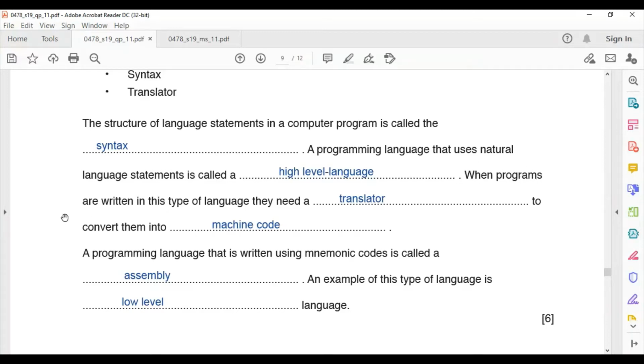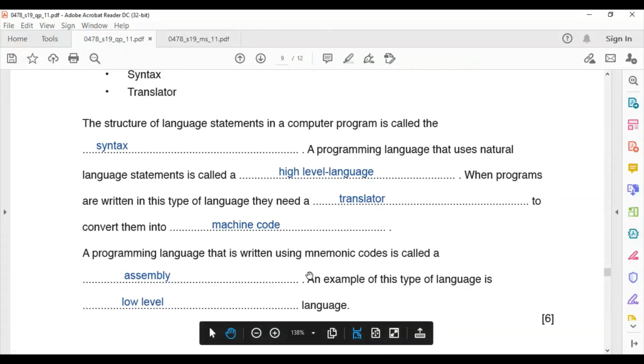When programs are written in this type of language, they need a translator to convert them into machine code. A programming language that is written using mnemonic codes is called assembly. An example of this type of language is low-level language.